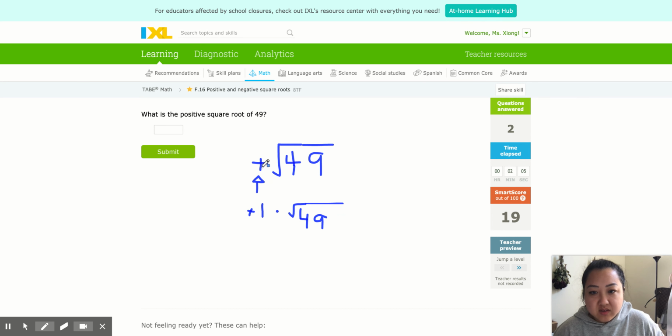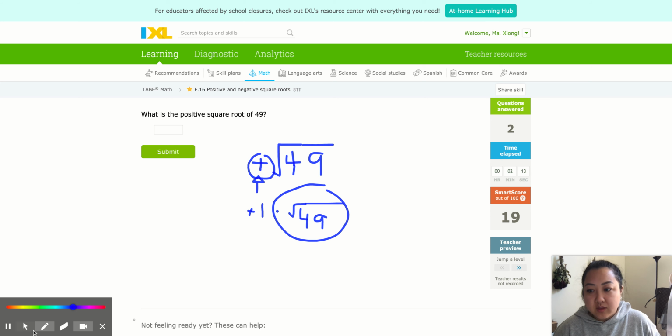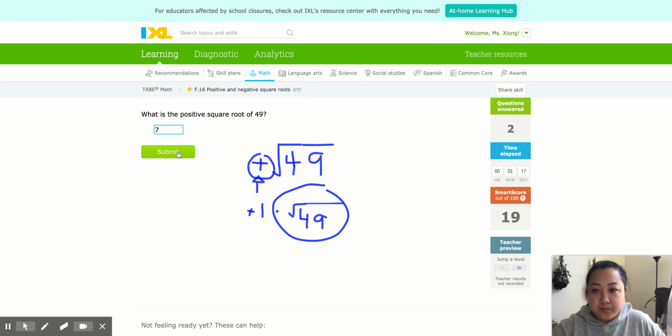Usually when it's the positive, we don't really look at that. We don't usually put that plus sign in front of it. We just say square root of 49 like this. And the square root of 49, the positive one, would be 7. And then so forth. So basically, if there's a negative sign in front, make sure you put a negative sign in front of your answer. If it's talking about positive, you don't need a plus sign. You just put down the answer, just the number.